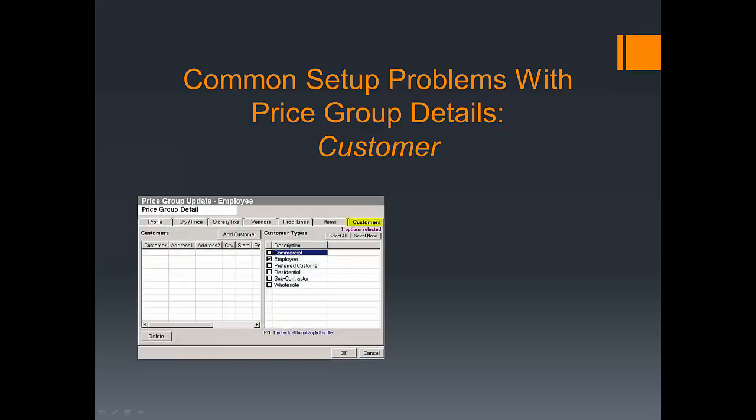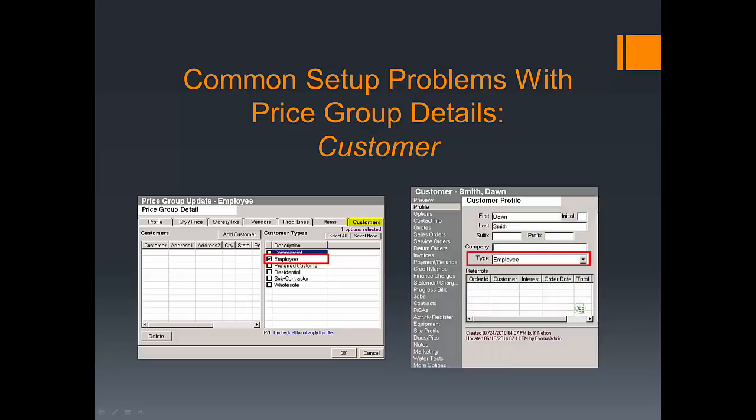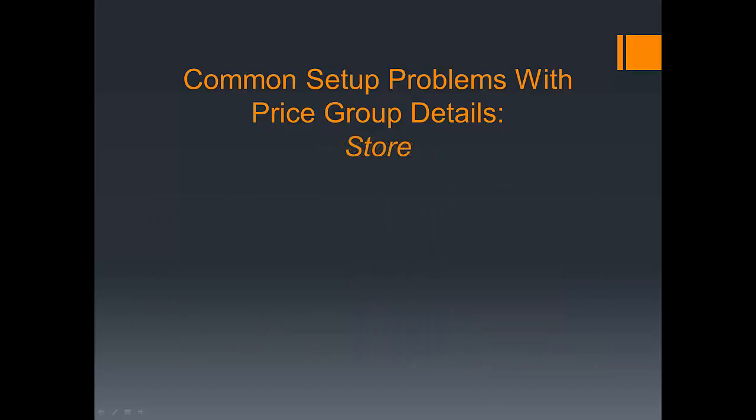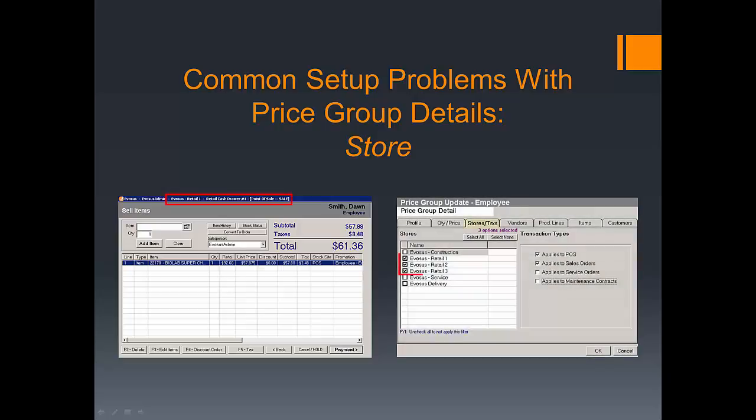If your price group is filtered on customer type, make sure you're using a customer that is that type. You can change the customer type on the Options screen in the Customer profile. Next is Store. Double-check the store you're logged into matches the store filters on your price group.